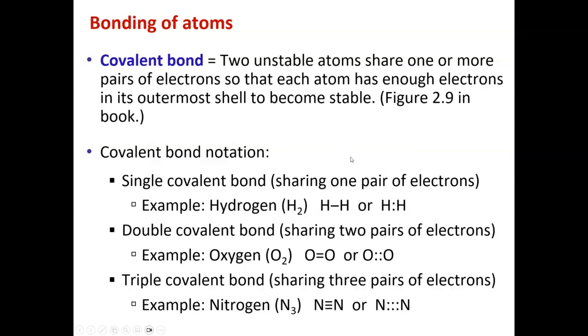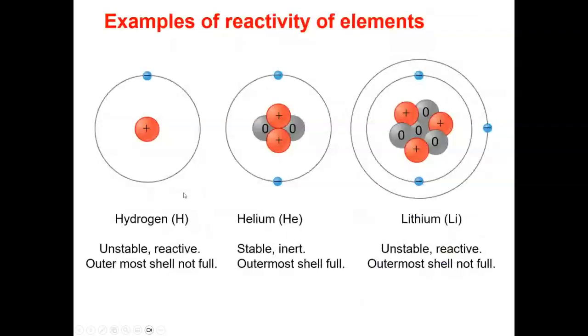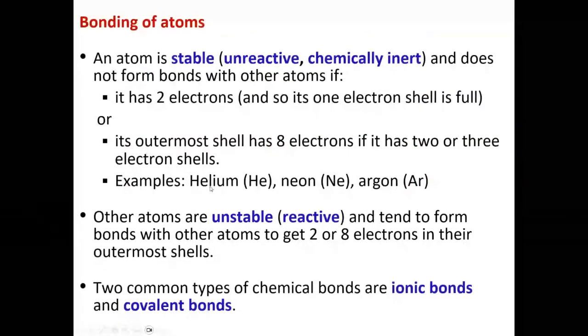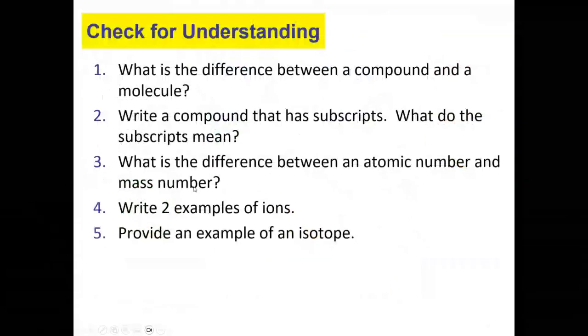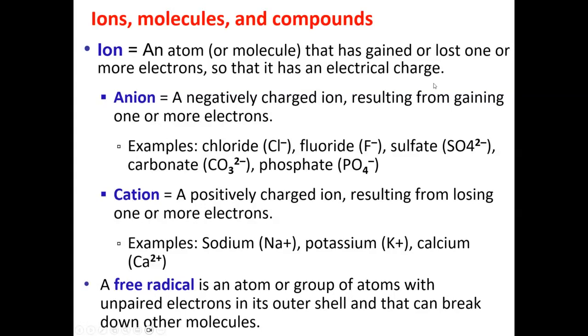Another type of bond that holds atoms together in molecules is called an ionic bond. Sorry, I've been jumping around so much, but I need to define an ion. I said that in a normal atom, the number of electrons is the same as the number of protons, but that can change.